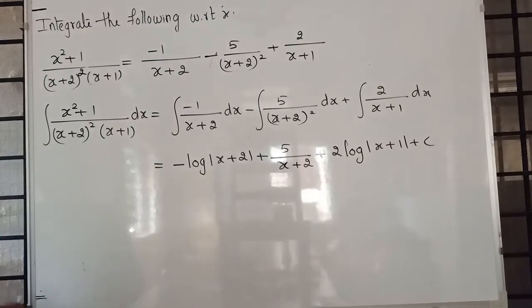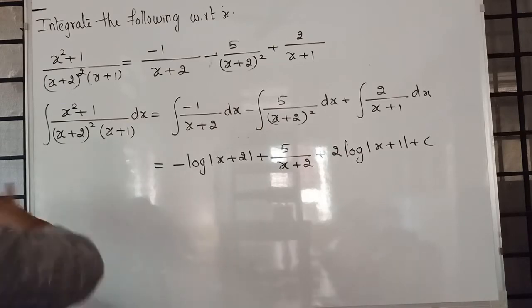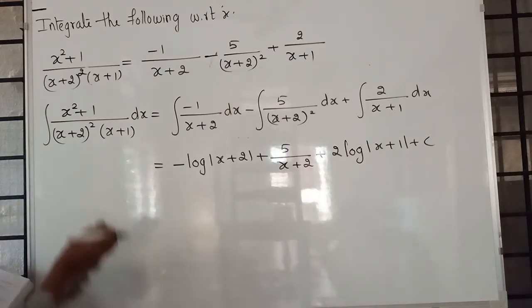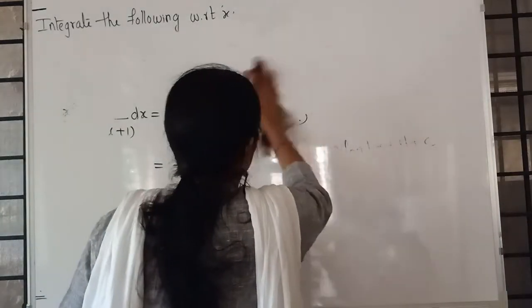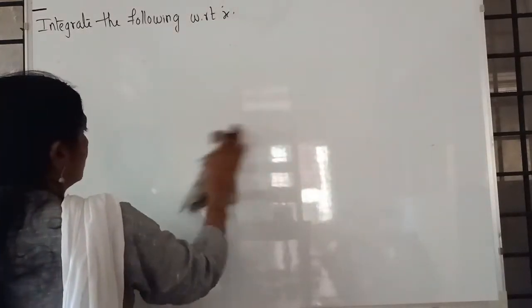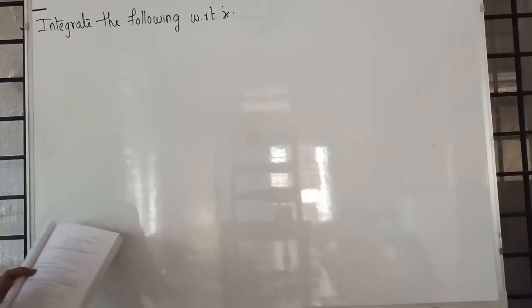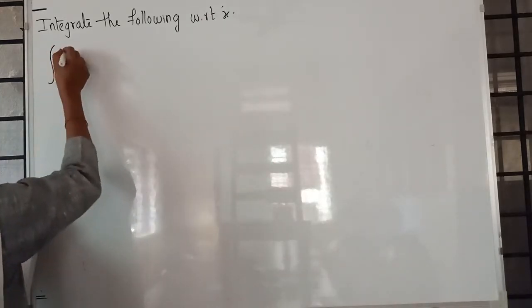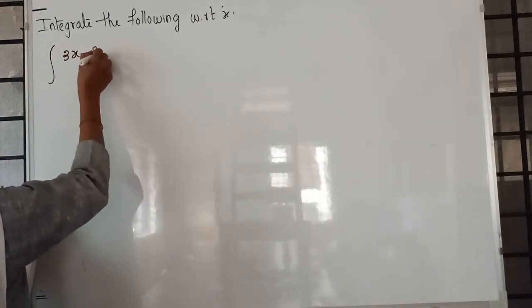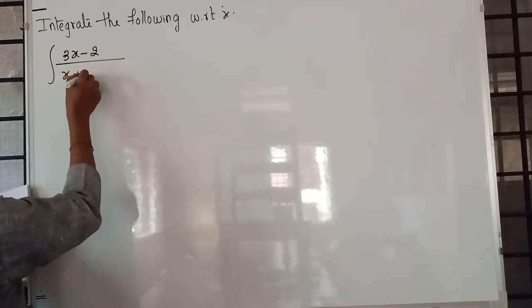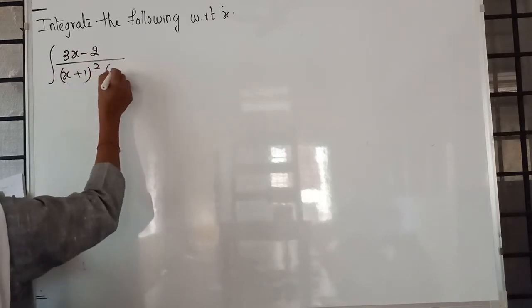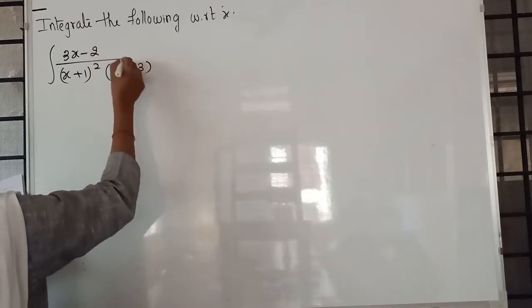Second example. Integration of 3x minus 2 divided by x plus 1 whole square into x plus 3 dx.